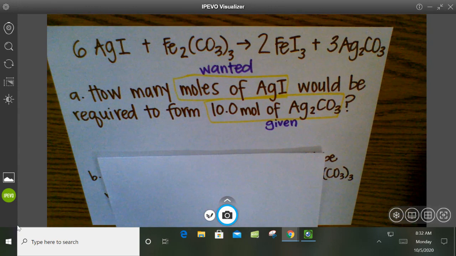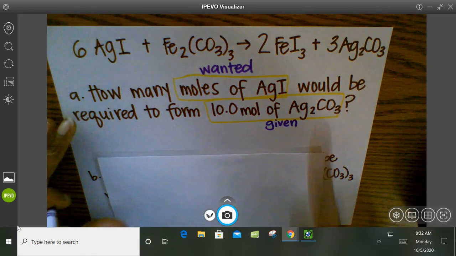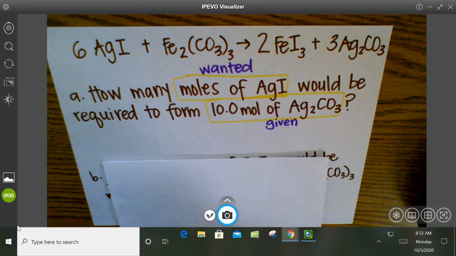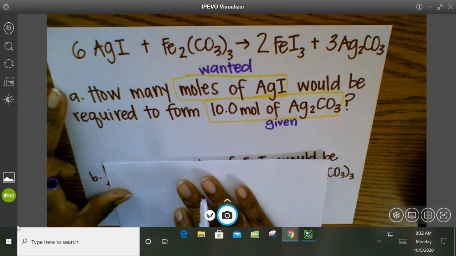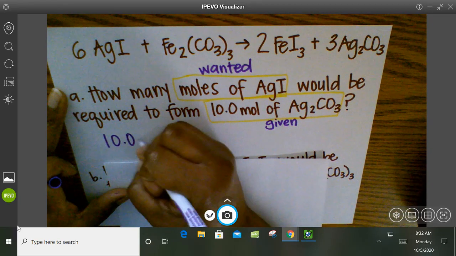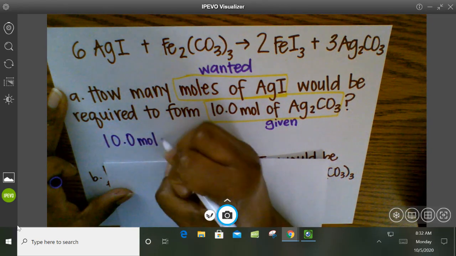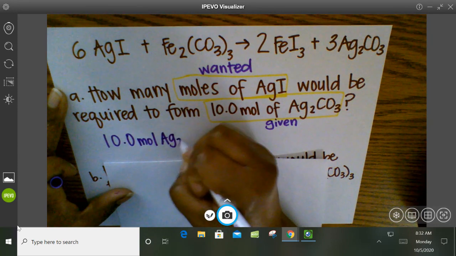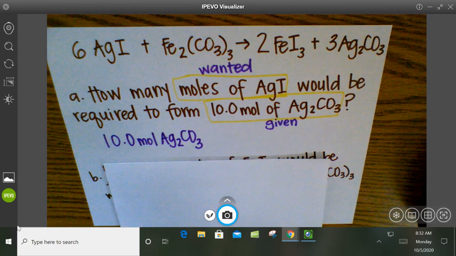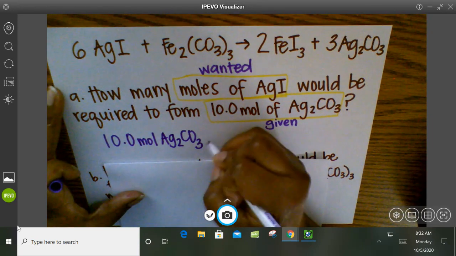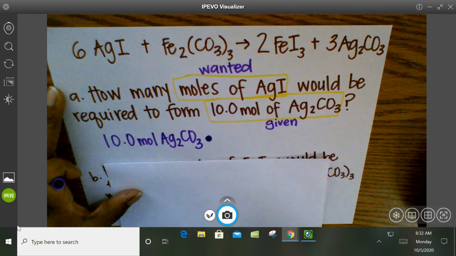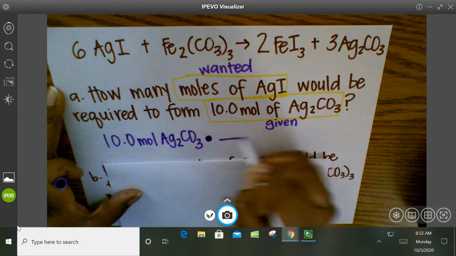I'm going to go from moles of silver carbonate to moles of silver iodide. To set this problem up, you always start with your given amount, 10.0 moles of silver carbonate, and you multiply this by your mole ratio. The mole ratio is wanted over given. So I'm going to start here.